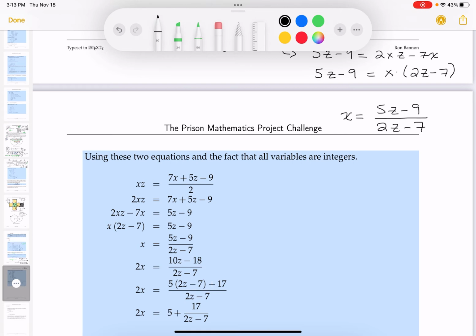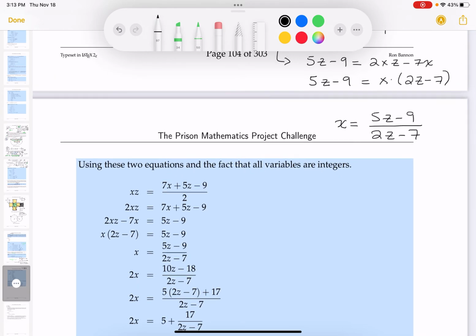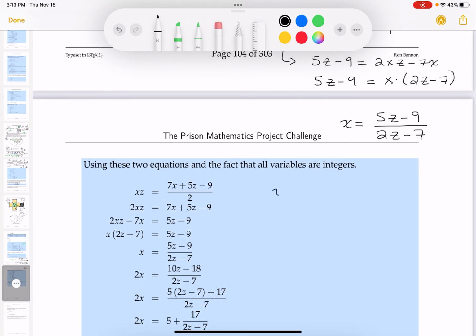Well, I've got to do something to make this easier for me. And this is where a trick really lies in the problem. What I want to do is I want the top to have a 2z minus 7 in it. And you may wonder why that is. I'll immediately get an integer to start working from. So I'm going to write this down for you. 2z minus 7 plus, well, let's write this down.